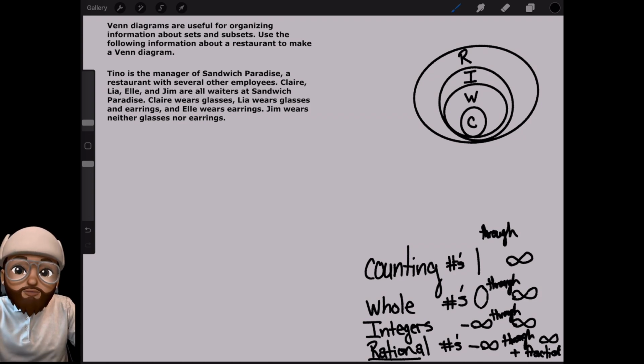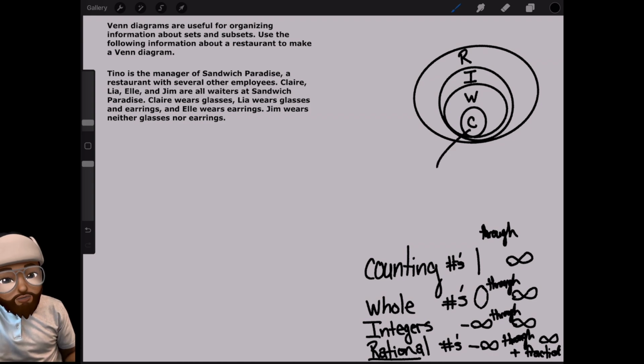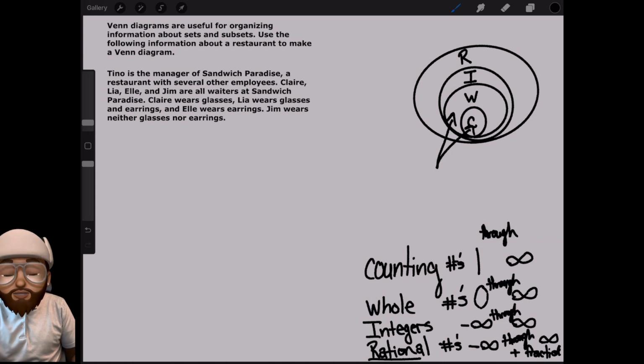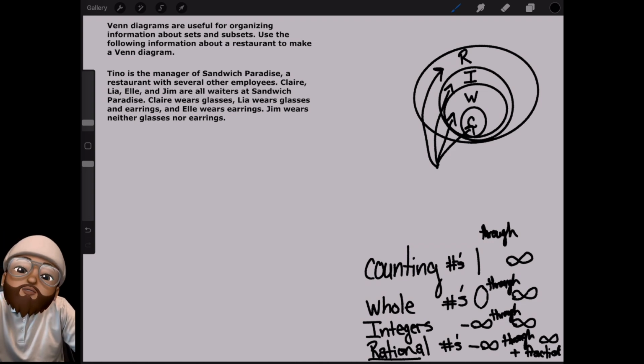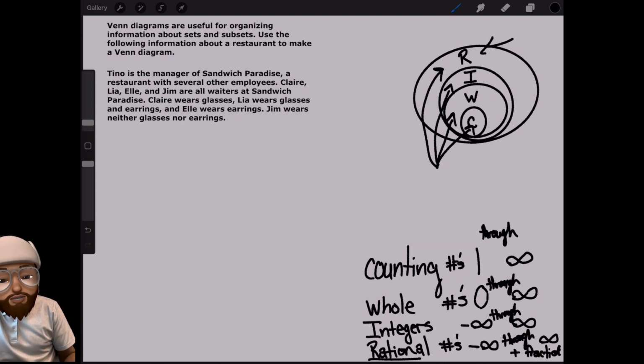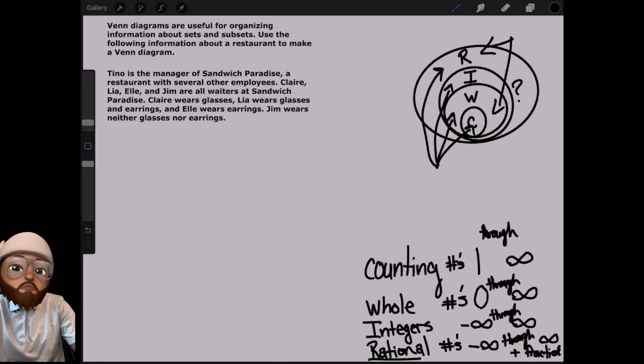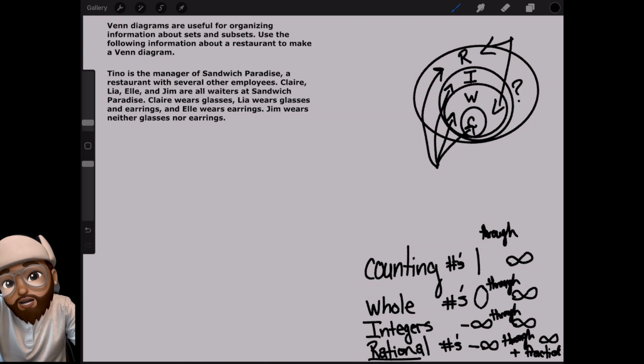Now, please remember that counting numbers is fully inside of whole numbers. So if the number is a counting number, then it's a whole number. And guess what? It's also an integer. And guess what? It's also a rational number, okay? So we know this, but the one thing I want to ask you is, what if it's a rational number? Is it a counting number? Well, not necessarily.